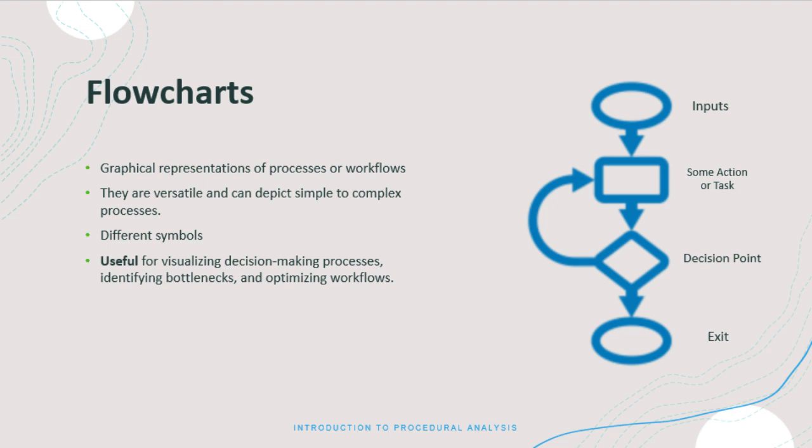The circles regularly represent inputs and exit points, whereas rectangles mainly represent actions or tasks needed to be accomplished. Lastly, diamonds tend to represent decision points. Note, each flowchart may vary and require different symbols to help out the designer. Ultimately, flowcharts are especially useful for visualizing the decision-making process, identifying bottlenecks, or optimizing workflows.